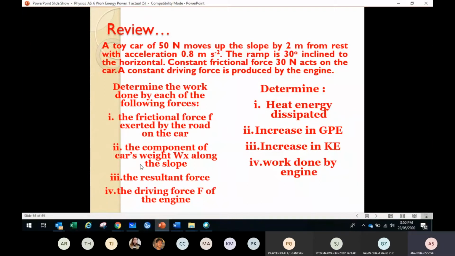Next, what is the work done by the component of the weight of the car along the slope? So what is work done against the weight? It's W sine theta times the distance.